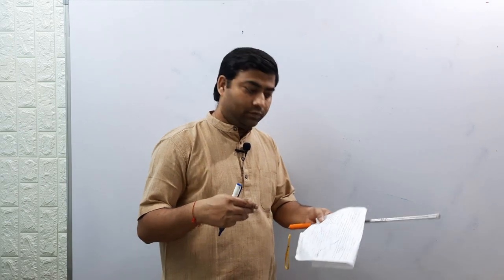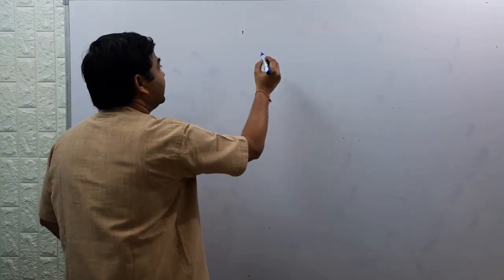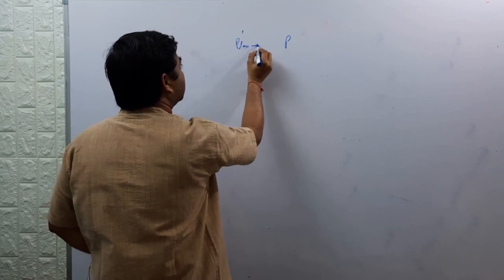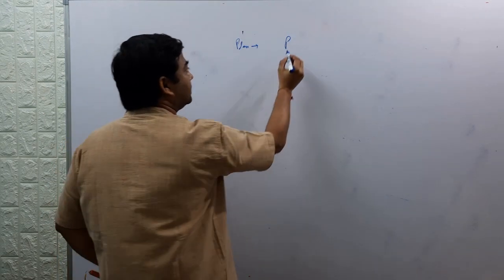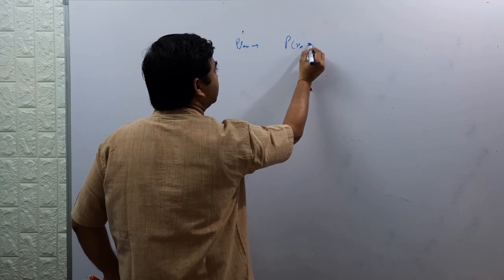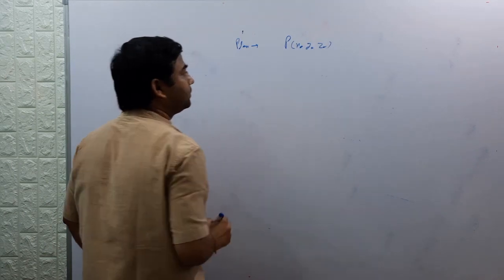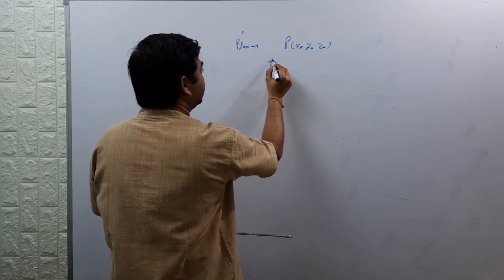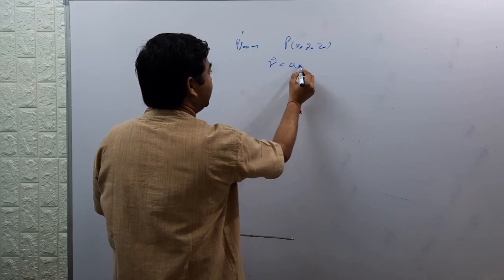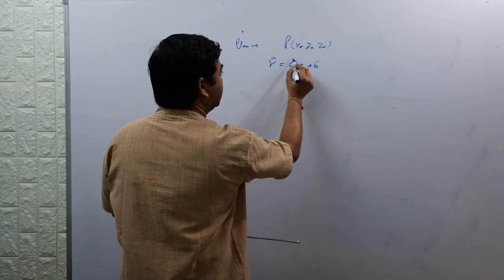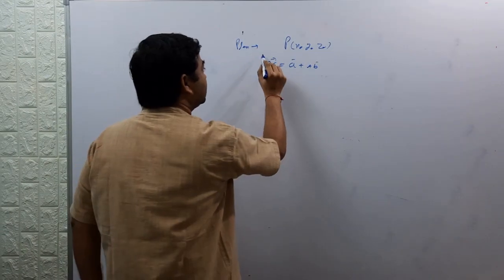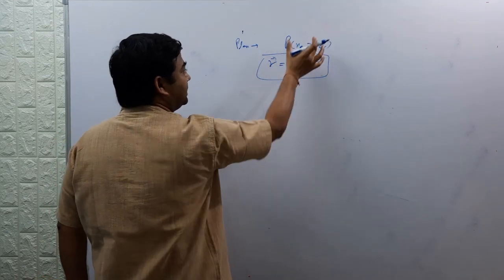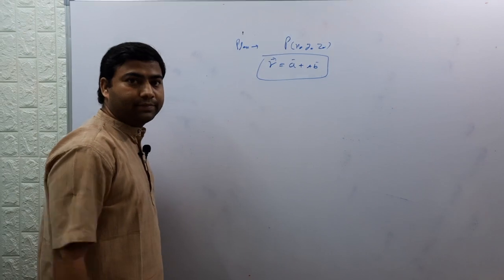Equation of a plane which passes through a given point P. The plane passes through the given point P having coordinates x0, y0, z0, and this plane is perpendicular to the line given as r is equal to a plus tb. So this is the equation of the line, and the plane passes through this point and is perpendicular to this line.